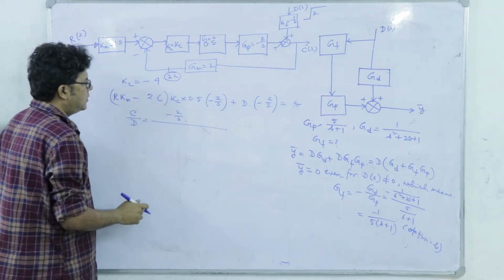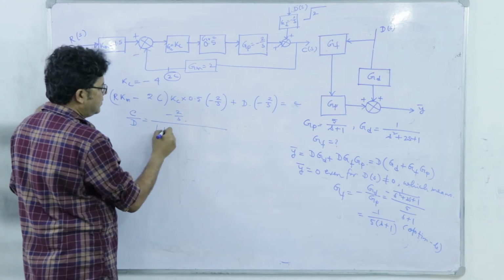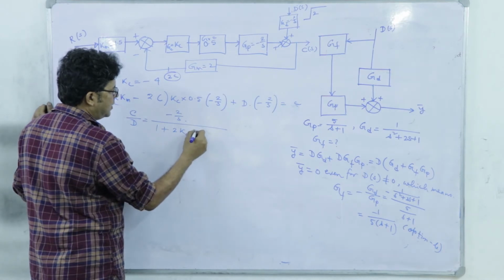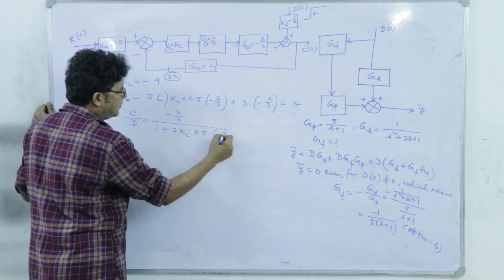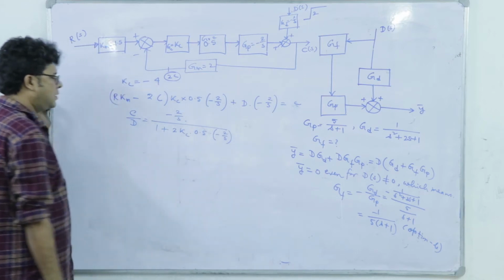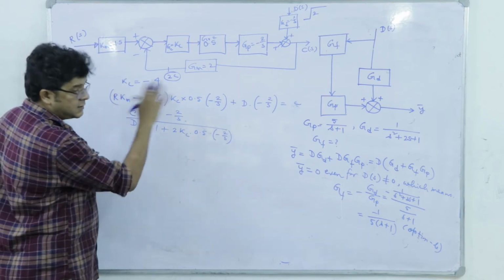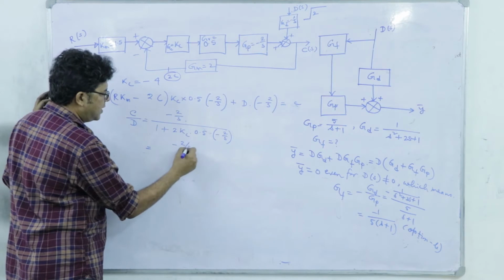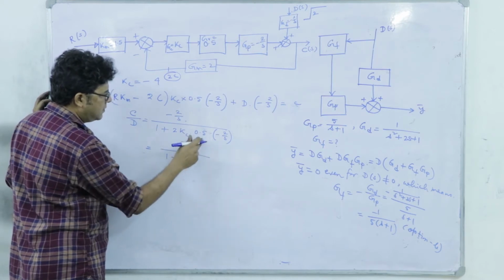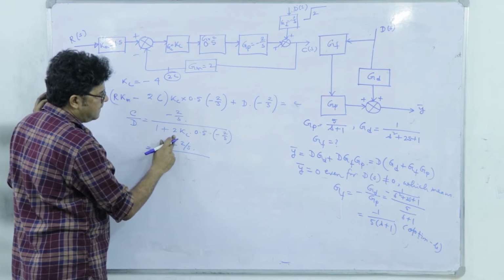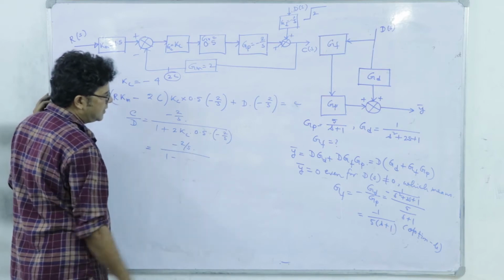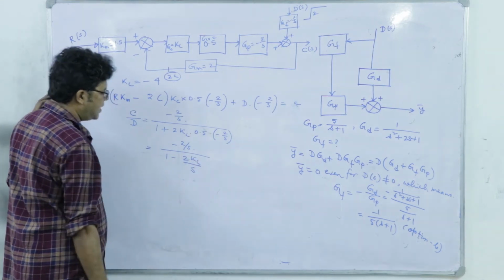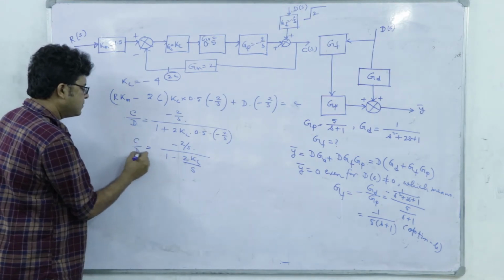So, it is 1 plus 2 Kc into 0.5 into minus of 2 by S. Okay. So, we are considering only the regulatory block. So, it is minus of 2 by S divided by 1 minus this 2 into 0.5, that is 1. So, minus 2 Kc divided by S. So, that is our transfer function.